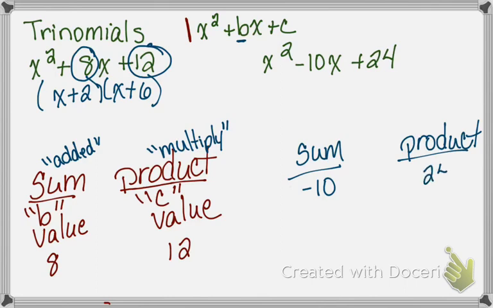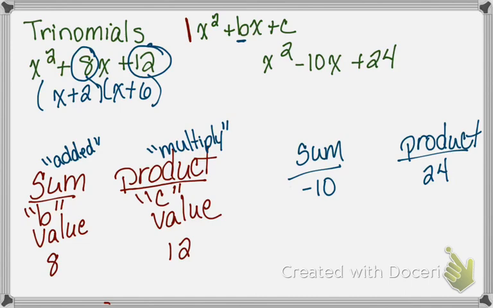Okay? Now, I have a product that's positive. In order for me to get a positive product, I have to multiply two positive numbers together, or I have to multiply two negative numbers together. Okay? There's no other way to get a positive product.